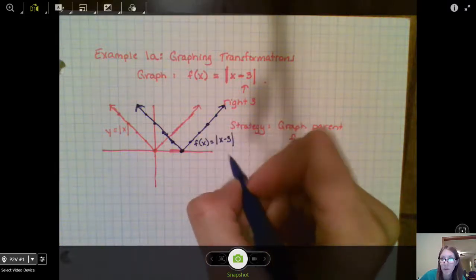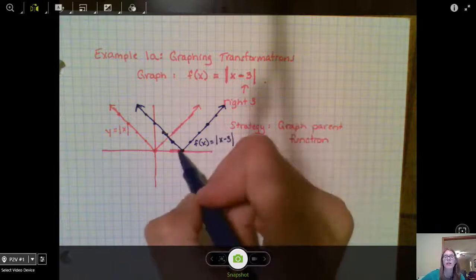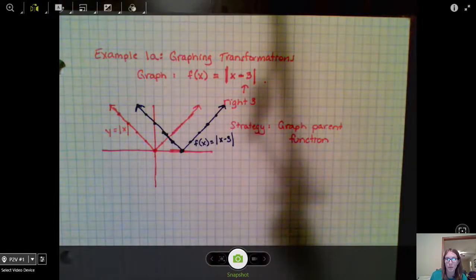So this line in the blue, our absolute value here, is our final answer. Okay, that's one strategy for graphing a transformation.